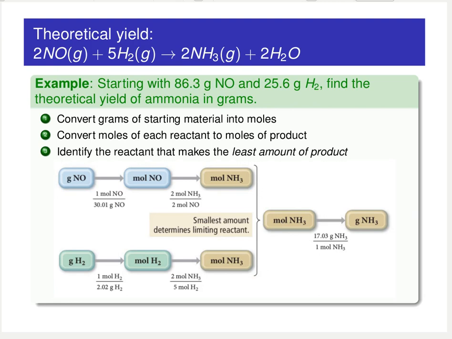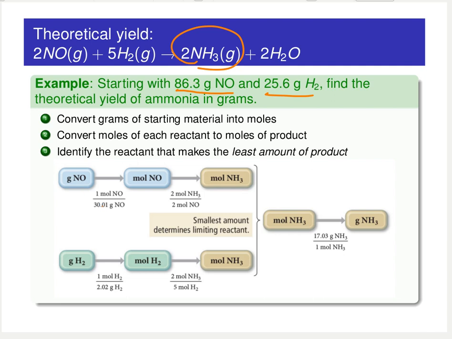Okay, so let's work through one more example here. Let's suppose we're given a new reaction now, where we have NO and H2 coming together, and we're given a fixed quantity of both of those reactants, and we want to figure out how much ammonia we can form in grams. So we're going to proceed in the exact same way.